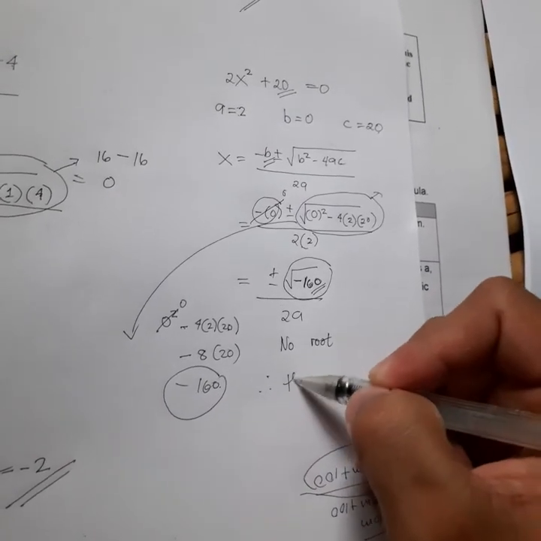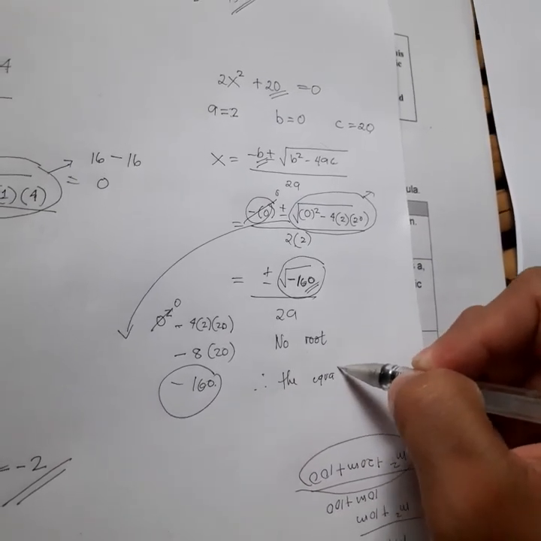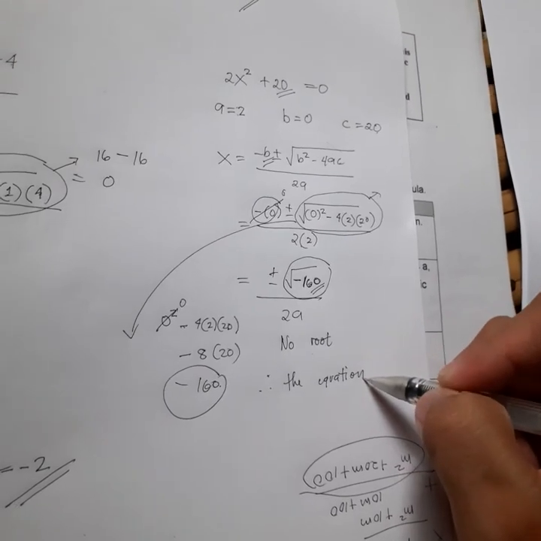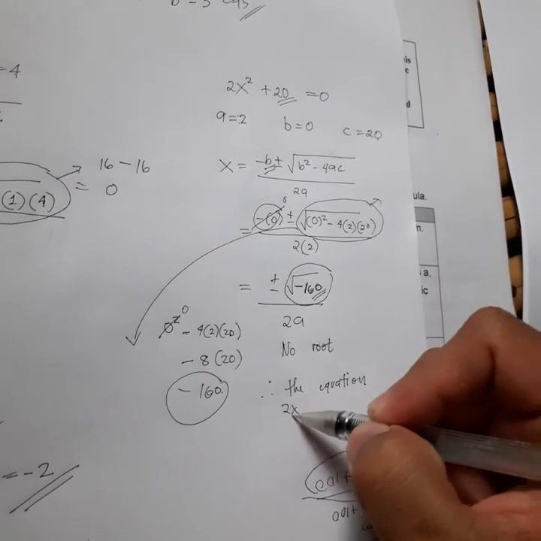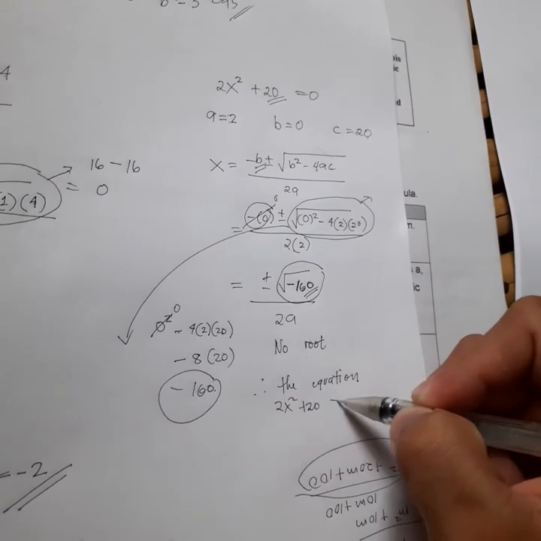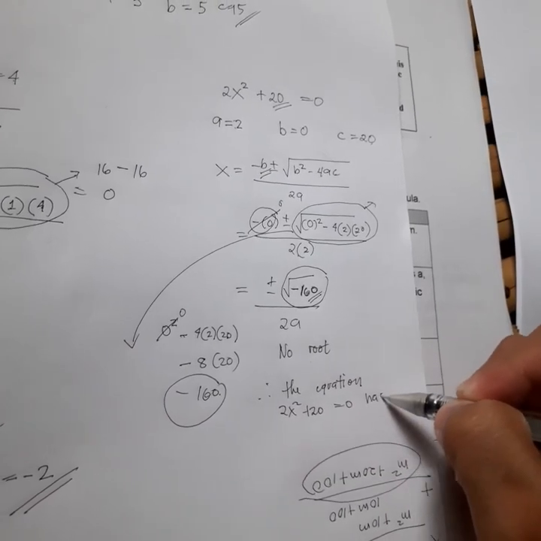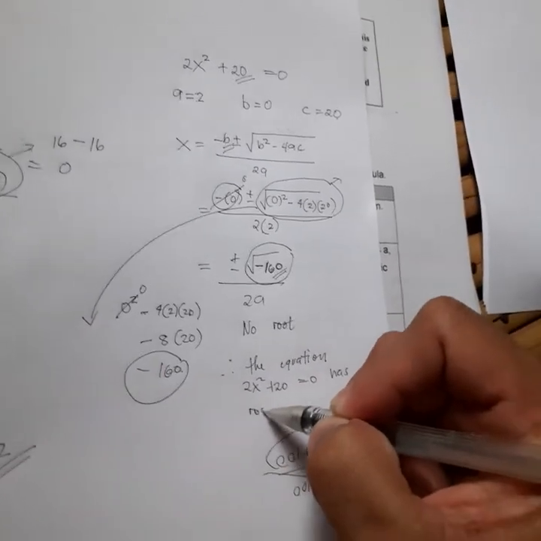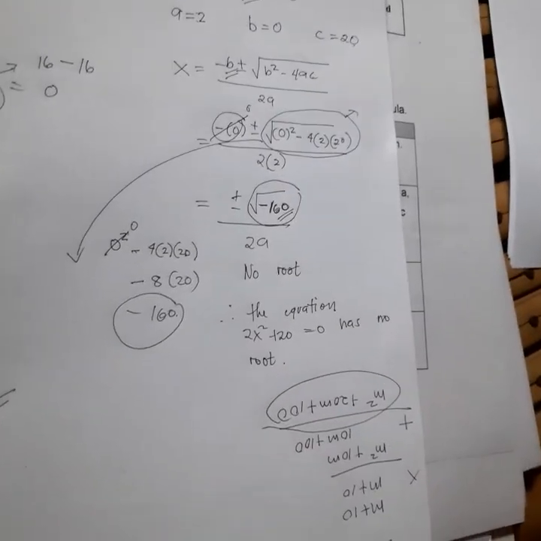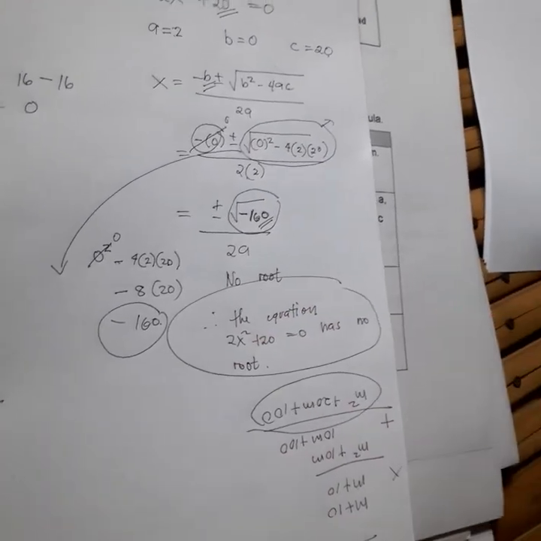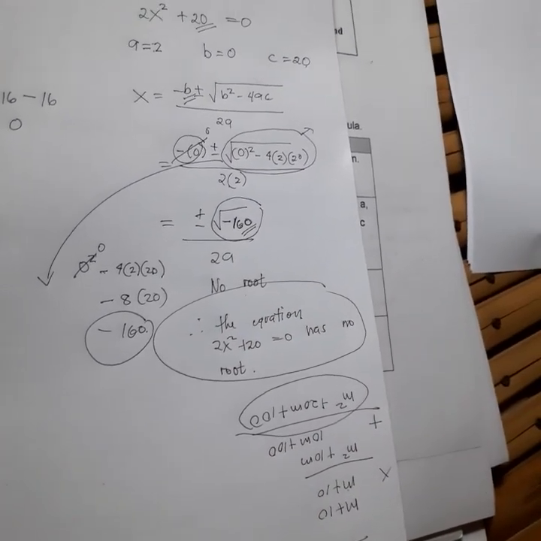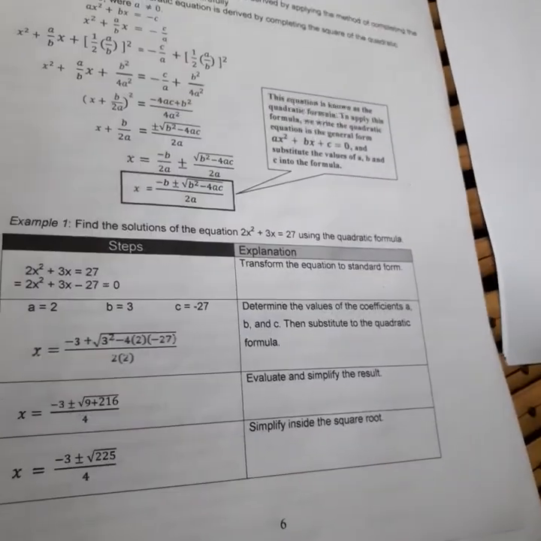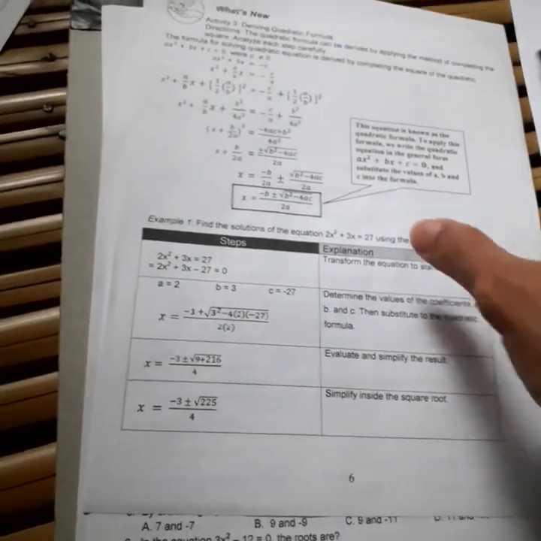Therefore, the equation 2x squared plus 20 equals 0 has no root. That's it. Then maybe that's all for the examples using the quadratic formula.